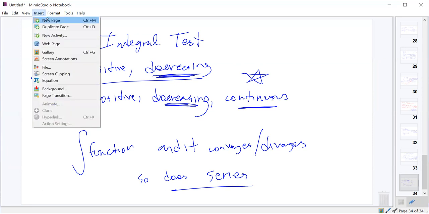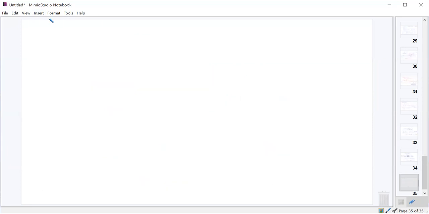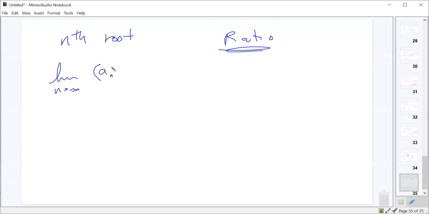And then we have both the nth root test and the ratio test. The ratio test is like our big gun. That's the one that we really need to know and that is asked most often of us. The nth root test is just sometimes helpful. It says we can find the limit as n approaches infinity of a sub n to the 1 over n.